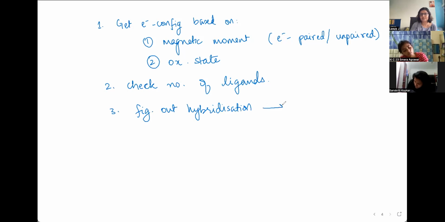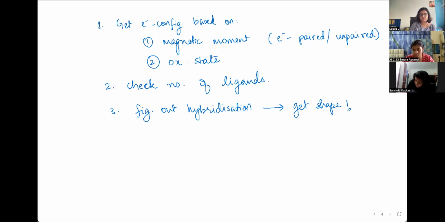Once you've done all three, you can get the shape of the complex. These are the steps if you apply valence bond theory. You need to know the magnetic moment first, otherwise you won't be able to figure it out just from the formula.